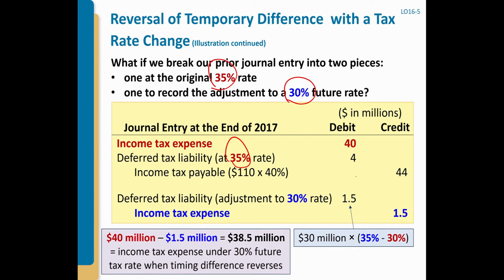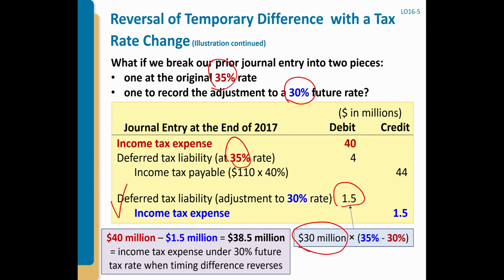This is like adjusting journals. Because it changed from 35 to 30%, you adjust 5% of the 30 million, right? 30 million is the future taxable amount. 30 times 5%, so that adjustment should be 1.5.